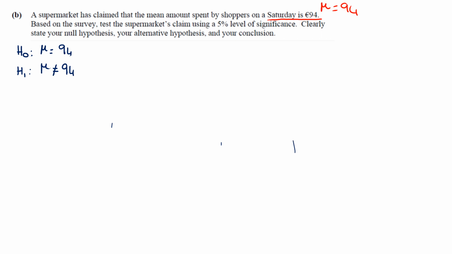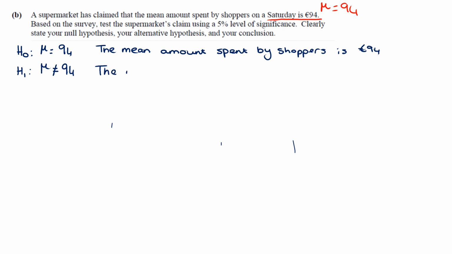So you can then put this in words. The null hypothesis: the mean amount spent by shoppers is €94, and the alternative is the mean amount spent by shoppers is not 94.